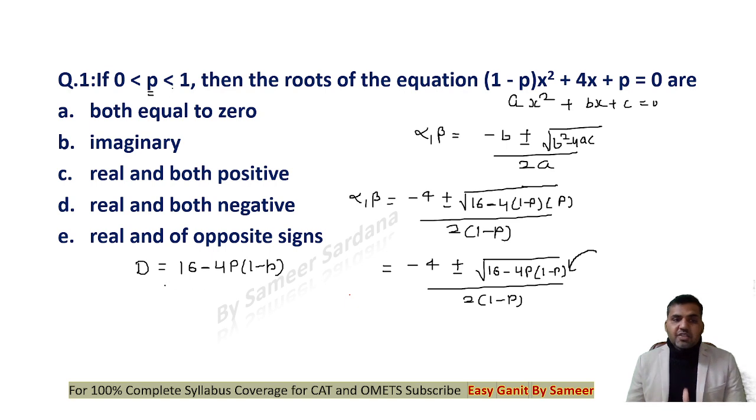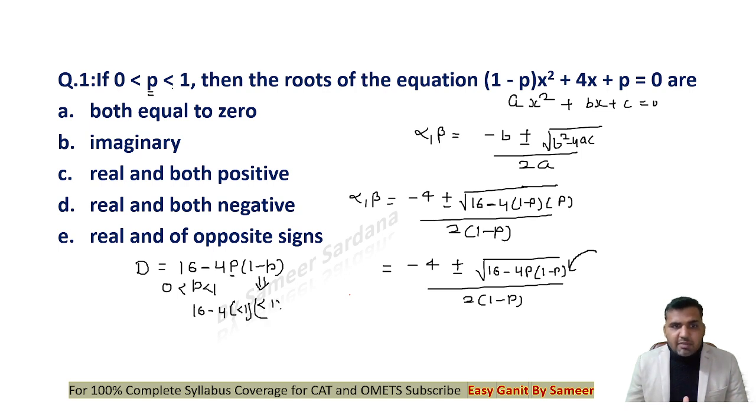Guys, now observe this carefully. It is given to me that the value of p is greater than 0 and less than 1. If the value of p is greater than 0, less than 1, can I say that this bracket will be less than 1? Minus 4, and the value of p is also less than 1.